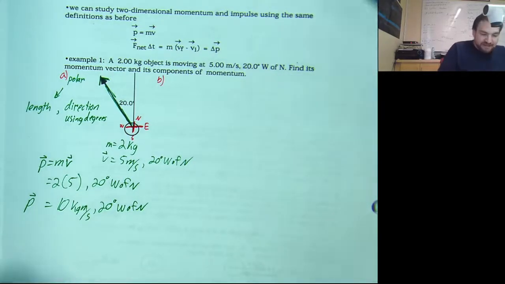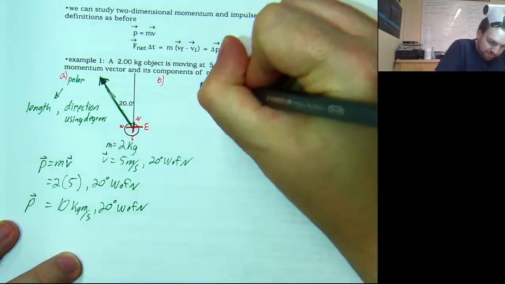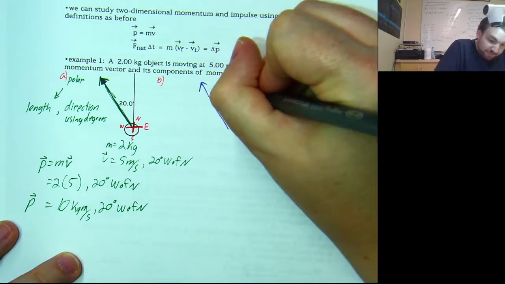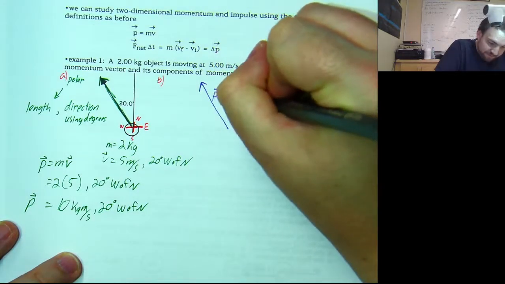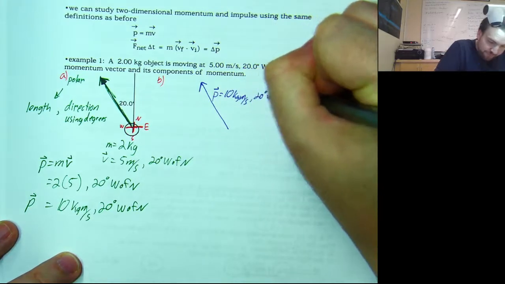So part B says it's components of momentum. So we're going to take the momentum vector and break it up into components. This is our momentum vector. P is equal to 10 kilogram meters per second, 20 degrees west of north.